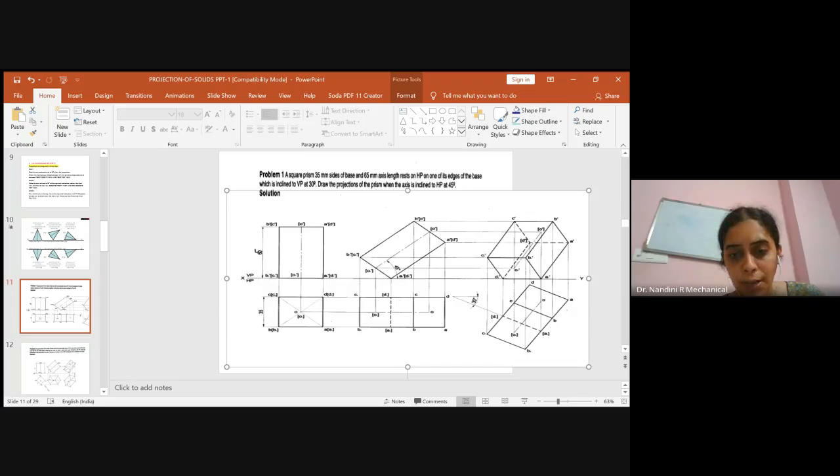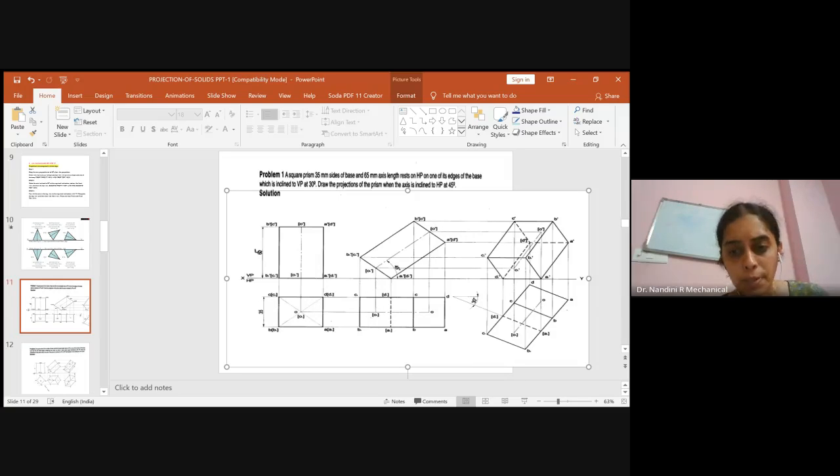Locus of B1 is meeting B1 dash here. So this is our point B1. And locus of A1 is meeting A1 dash at this point. So this will be our A1. Locus of D1 is meeting D1 dash at this point. So this is our D1. So we named the bottom of our square prism.